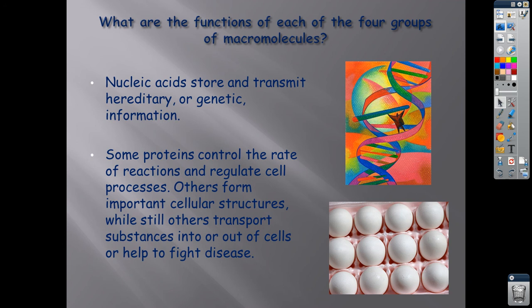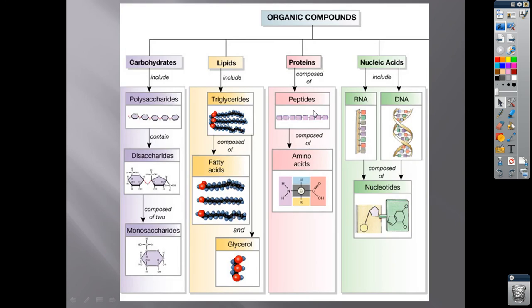They speed them up or slow them down depending on what the body wants to do. Proteins are also responsible for helping our white blood cells to fight disease in the body. They also transmit what goes in and out of the cell as well. And those are the jobs of proteins.